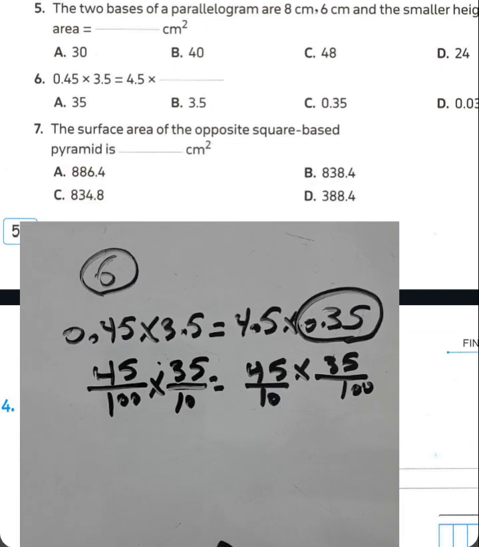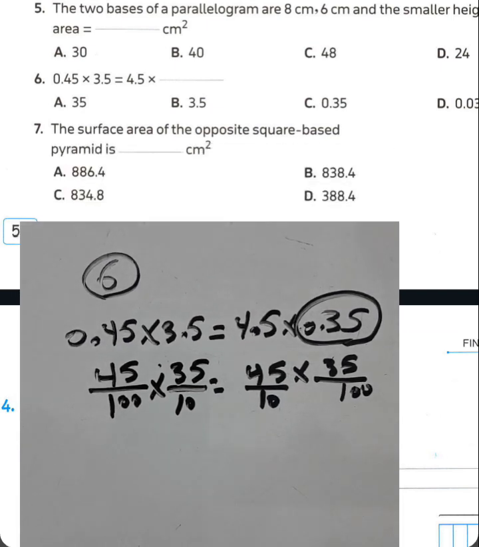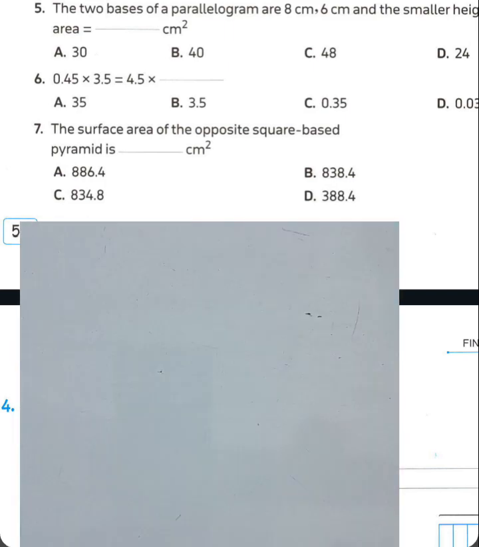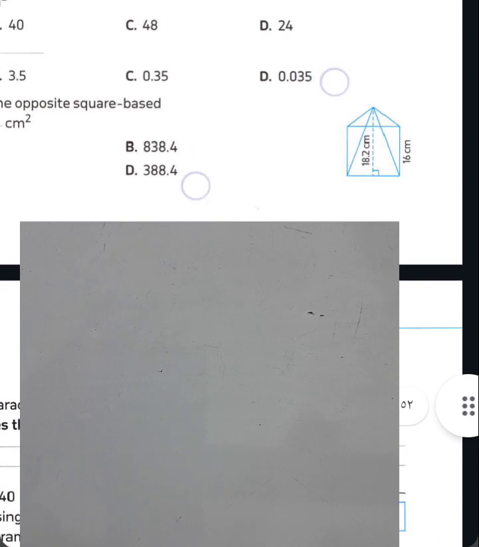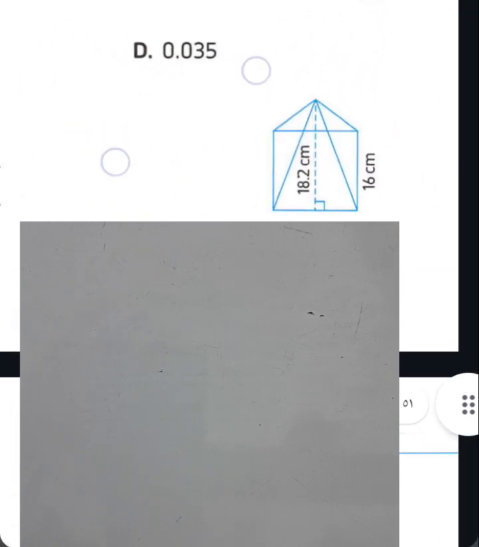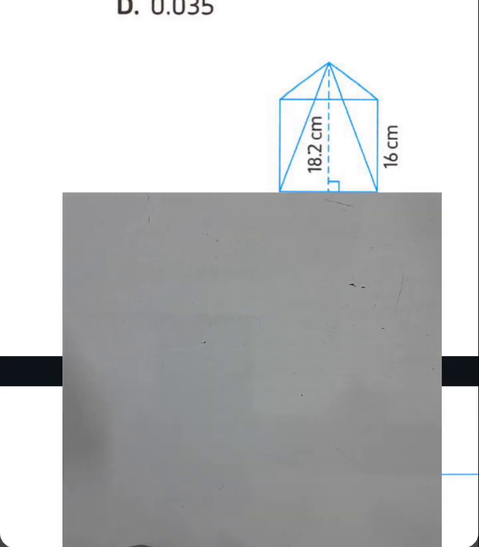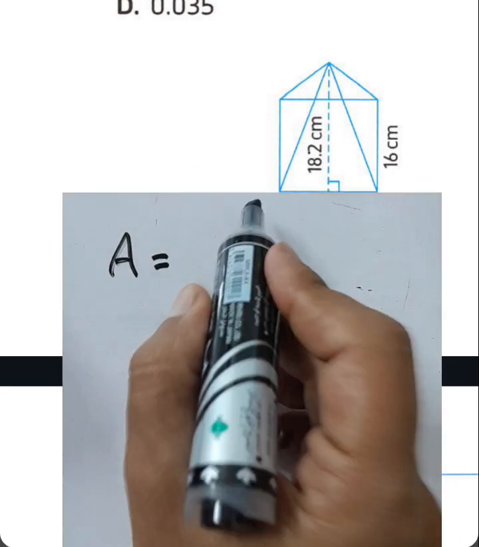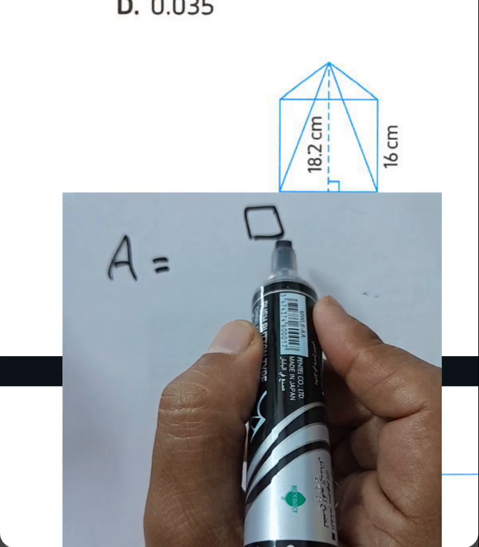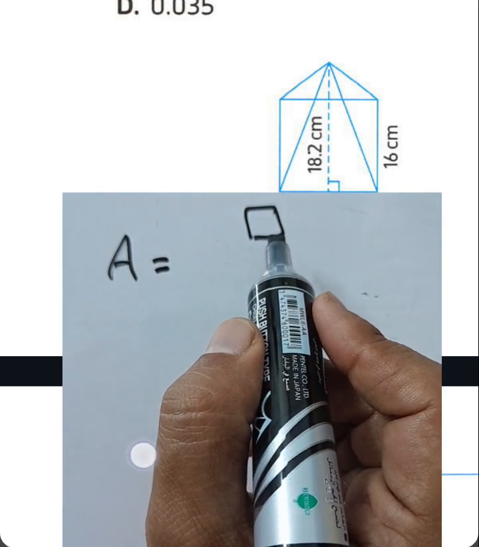Question number 7. The surface area of the square-based pyramid equals what? In the square pyramid, we have a square in the base and four congruent triangles. We can find the area of the square in the base. The square side length is 16 centimeters.